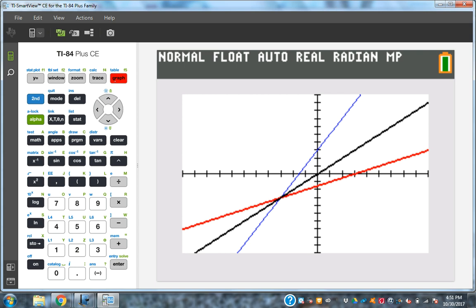One clue if you're using graphical verification: if the two equations cross, they will cross on that y equals x line. With linear ones, it's really easy to see. When you get to polynomials, it's a little tougher to see with graphical, depending on what the polynomial is.